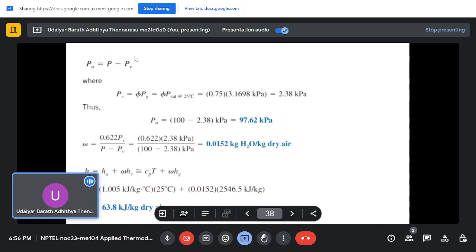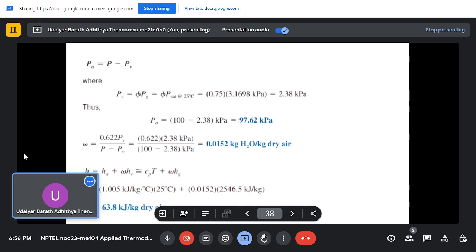So we can find out the partial pressure of water vapor. We know relative humidity and saturated vapor condition, so PV is 0.75 into saturated vapor pressure. So 0.75 into 3.1698 will give me 2.38 kilopascal. Using this we can find out PA, the partial pressure of dry air, which will come out to be 97.62 kilopascal.